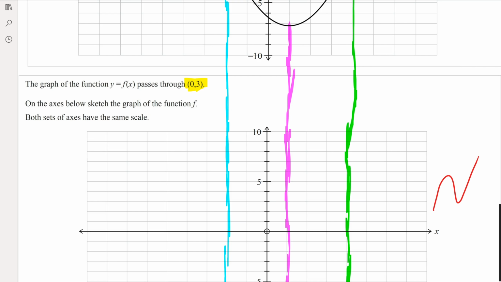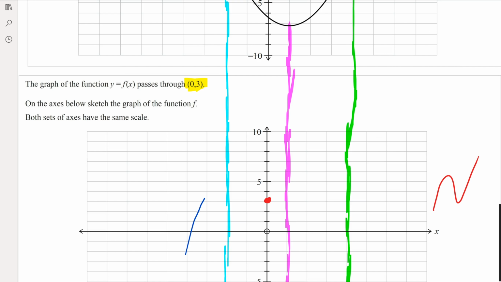As long as the graph goes through that point, and matches with the roots as well, it's really important. You don't know what this graph could look like, so let me show you a couple of examples.